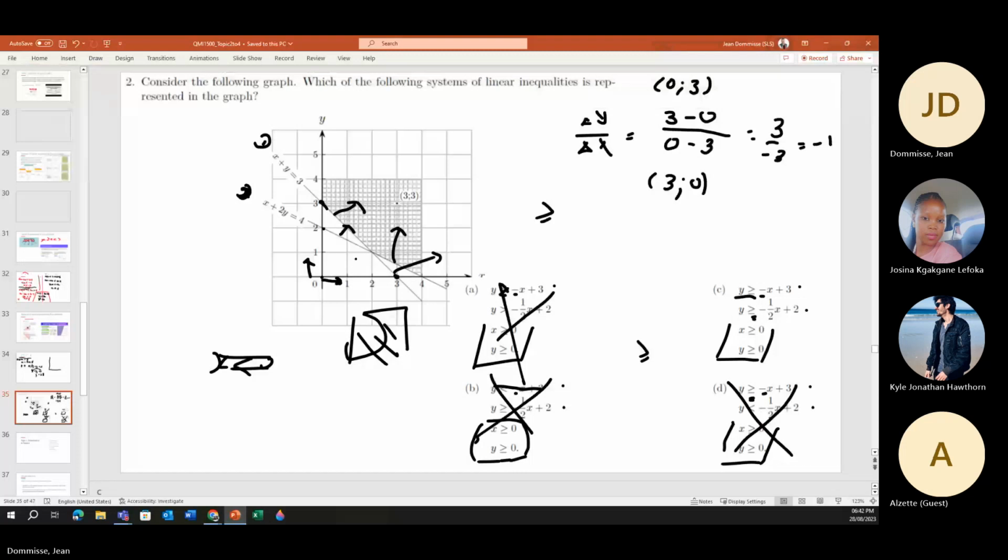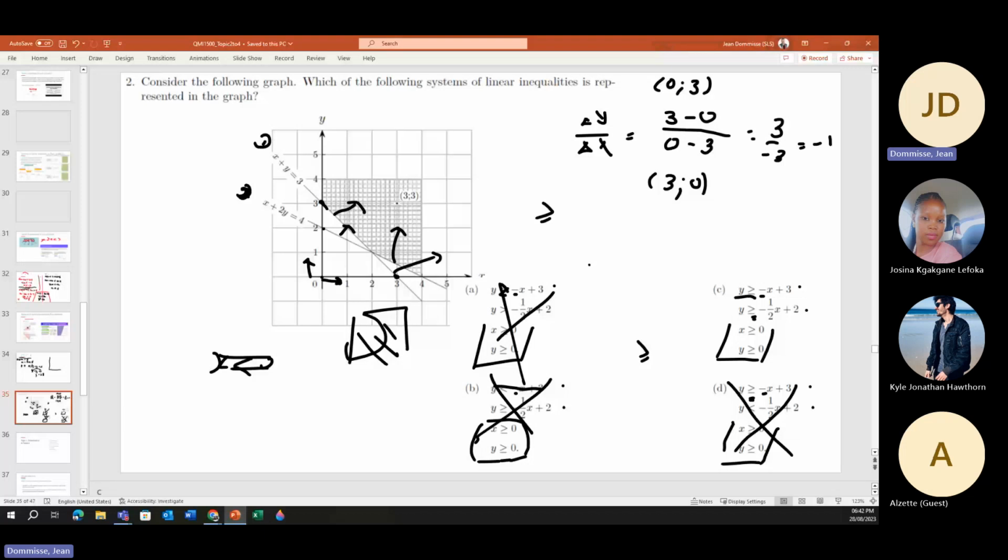If this was, instead of sitting there, it was in that space where it was there.